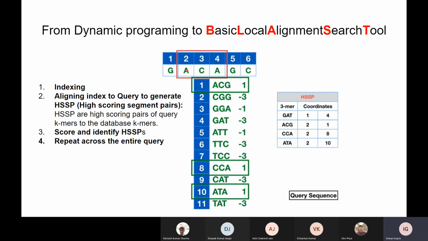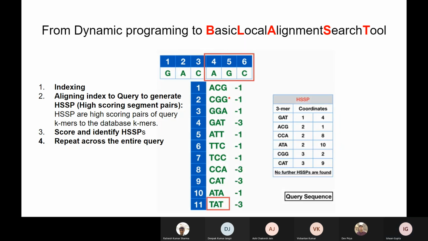And whenever you're extracting a k-mer from your query, you know exactly where you're extracting the k-mer from. So essentially at the specific coordinates, you know which of the specific coordinates have HSSPs, which of the specific coordinates have good k-mers in the database.